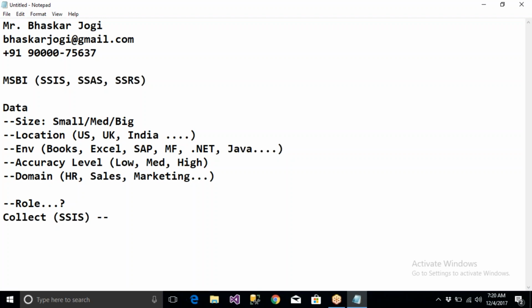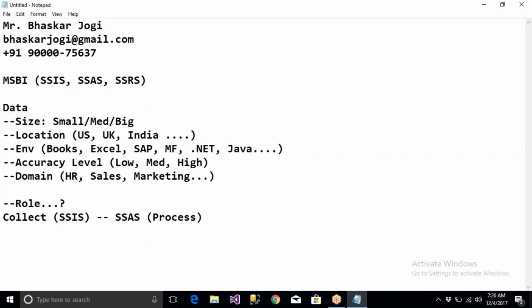So, collecting the data from different places, right? Once you collect the data, you have to organize it, and after that, you have to process the data. A lot of computations have to be implemented. Here we're going to process the data with the help of SSAS, SQL Server Analysis Services.